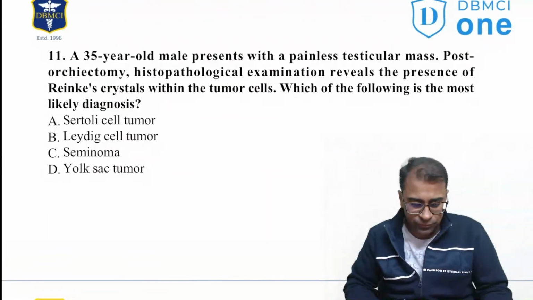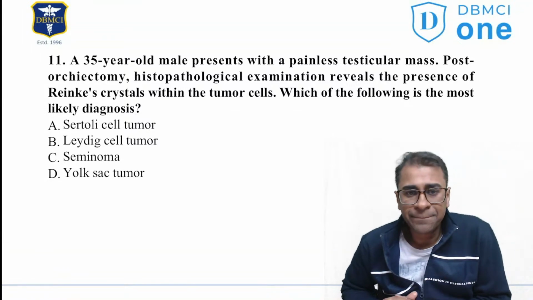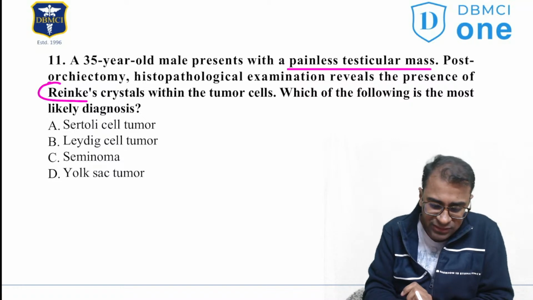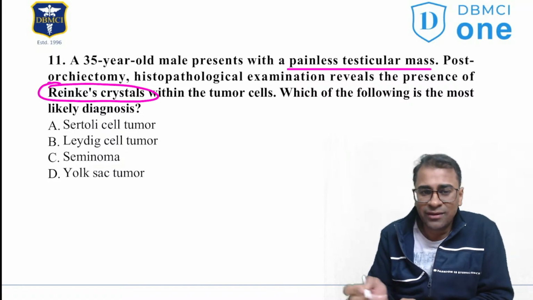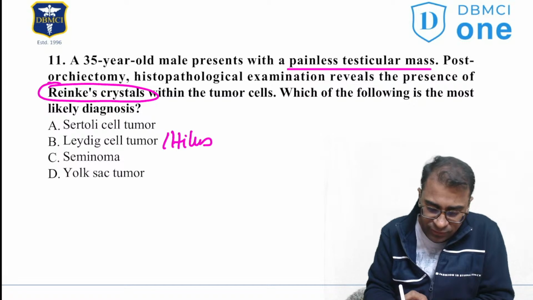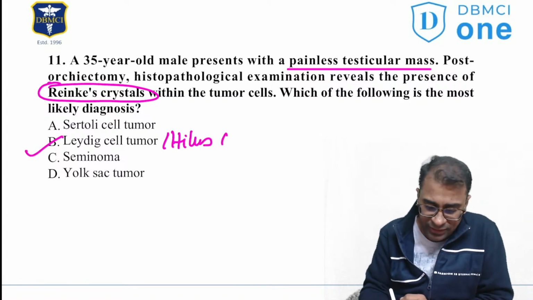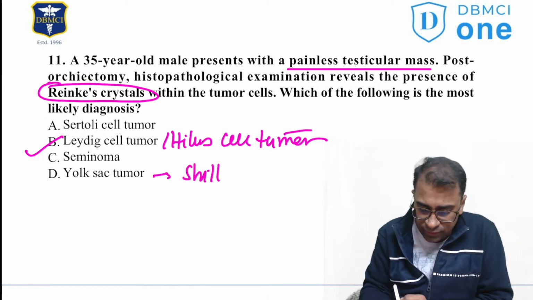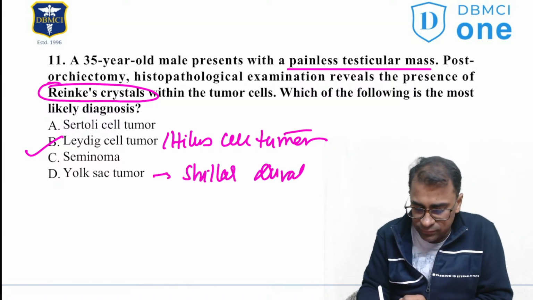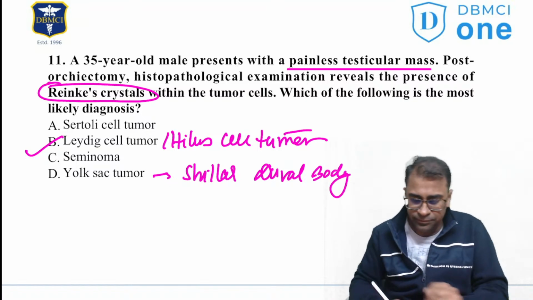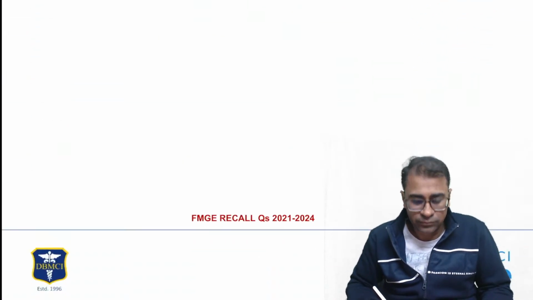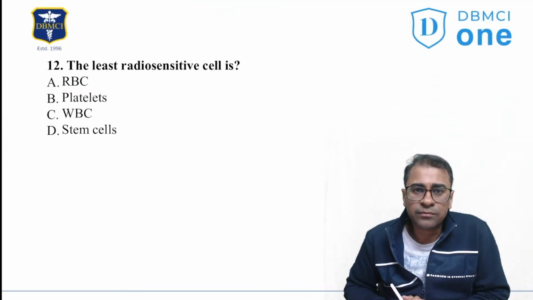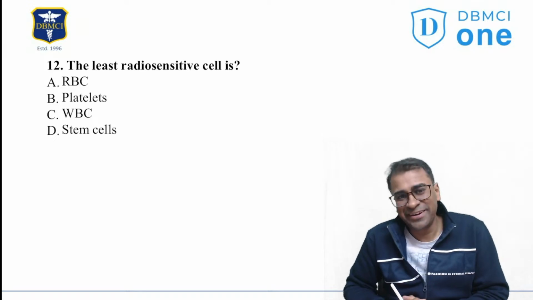चलो, question number 11. Painless testis mass and the patient has Reinke crystals. कहाँ दिखता है ये? Yes, Leydig, also referred to as Leydig cell tumor. Okay, Leydig cell tumor. Yolk sac shows what? Schiller-Duval bodies. अच्छा, least radiosensitive, which will have no nucleus, right?